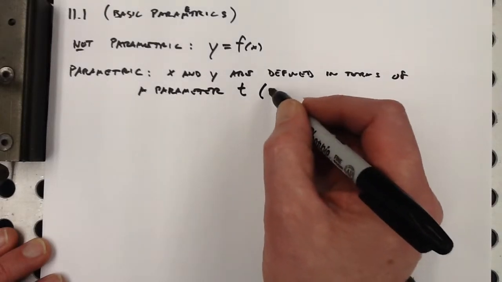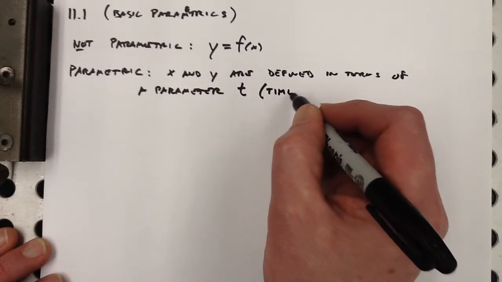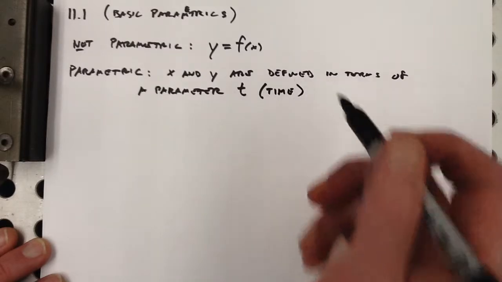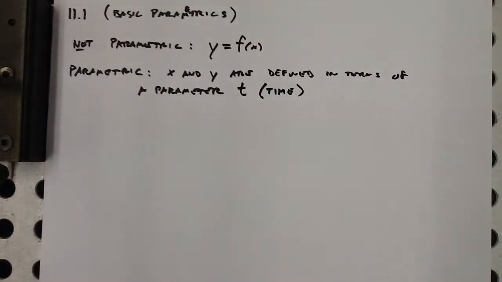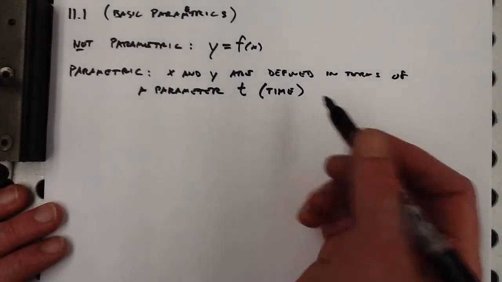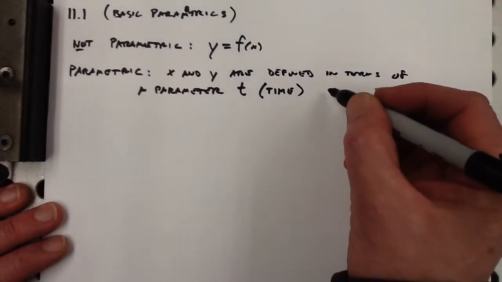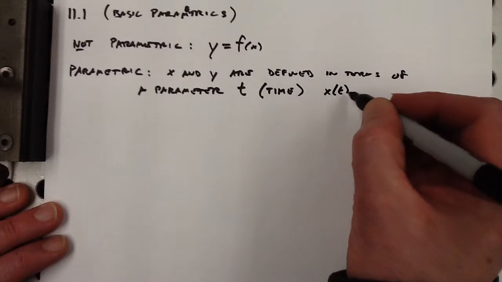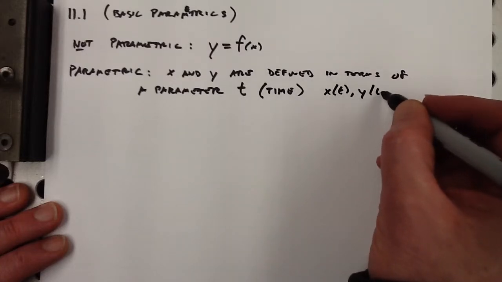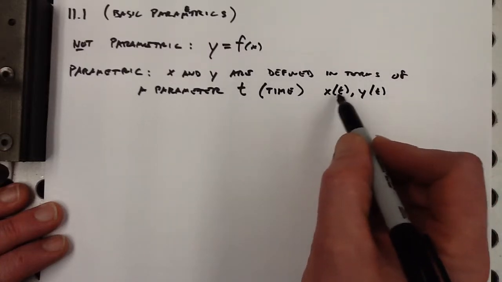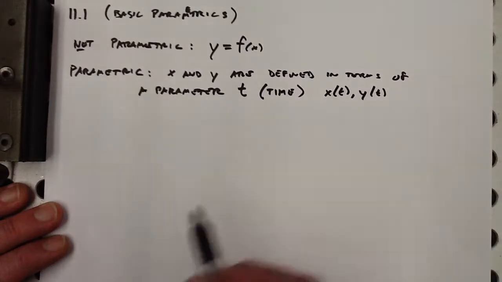And it doesn't have to represent time, but it's very often the case that we think of it as a time parameter. So in physics, of course, lots of things we look at as they're changing over time, and time is often the variable that we plot on the horizontal axis. So, for example, we might have x of t and y of t. Here's the x-coordinate in terms of t, the y-coordinate in terms of t.